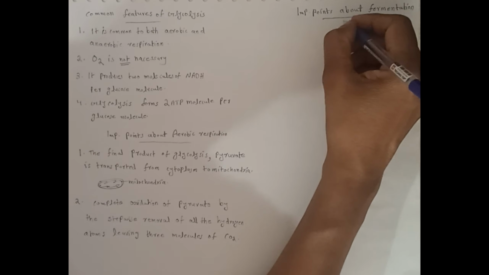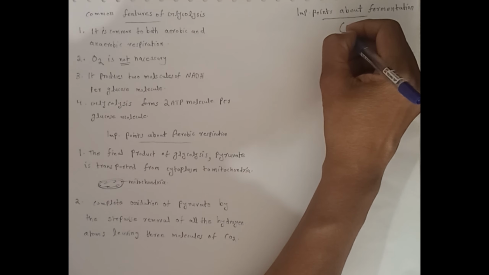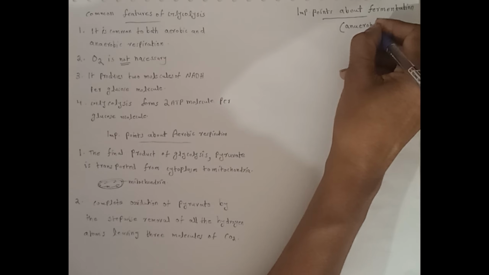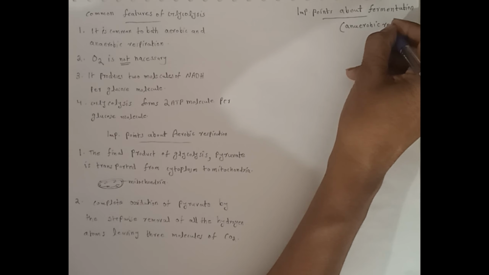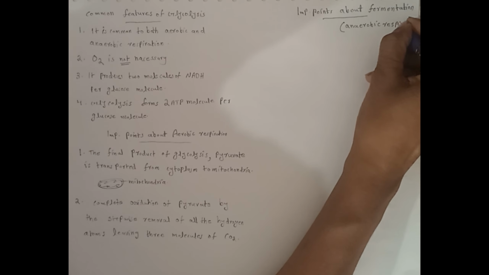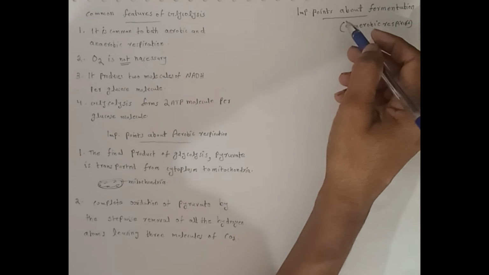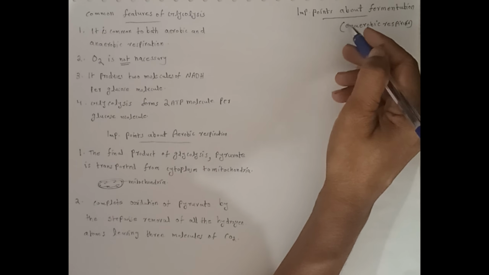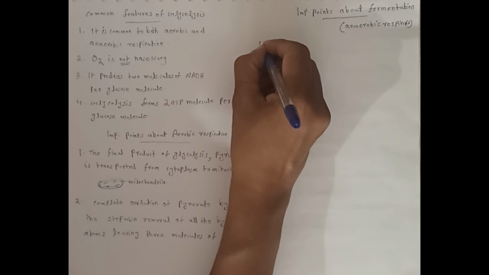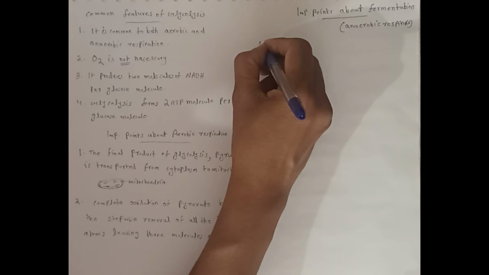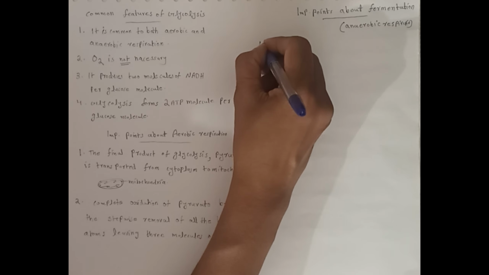Fermentation is anaerobic respiration. The important points about fermentation: fermentation is an example of anaerobic respiration. First point, it does not require oxygen. It is anaerobic, so it does not require oxygen.